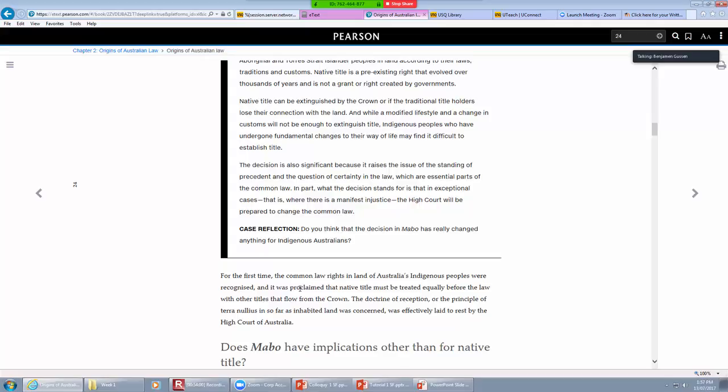But my point is, because of those treaties and agreements, Maori have become now an important economic force for New Zealand. Do you think that Mabo was able to bring something similar in Australia?